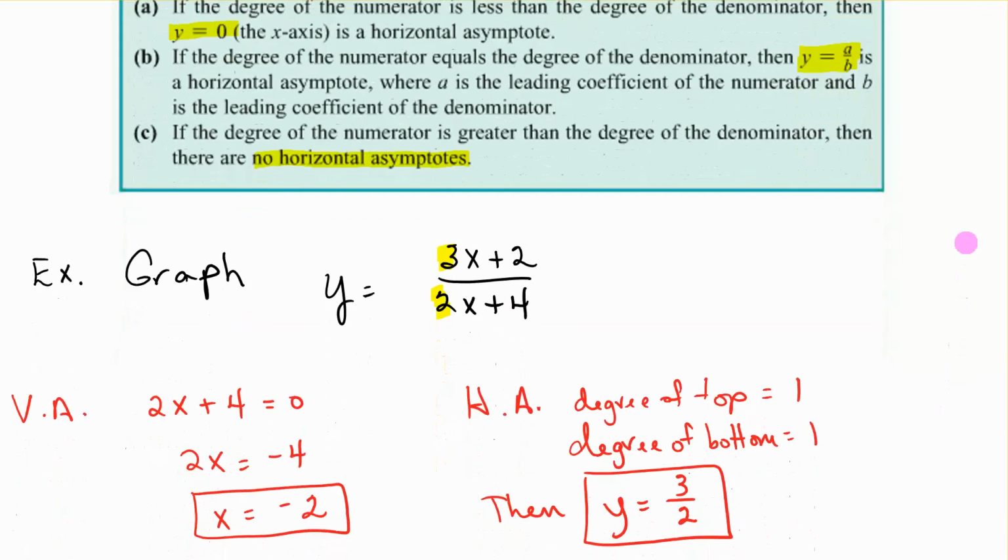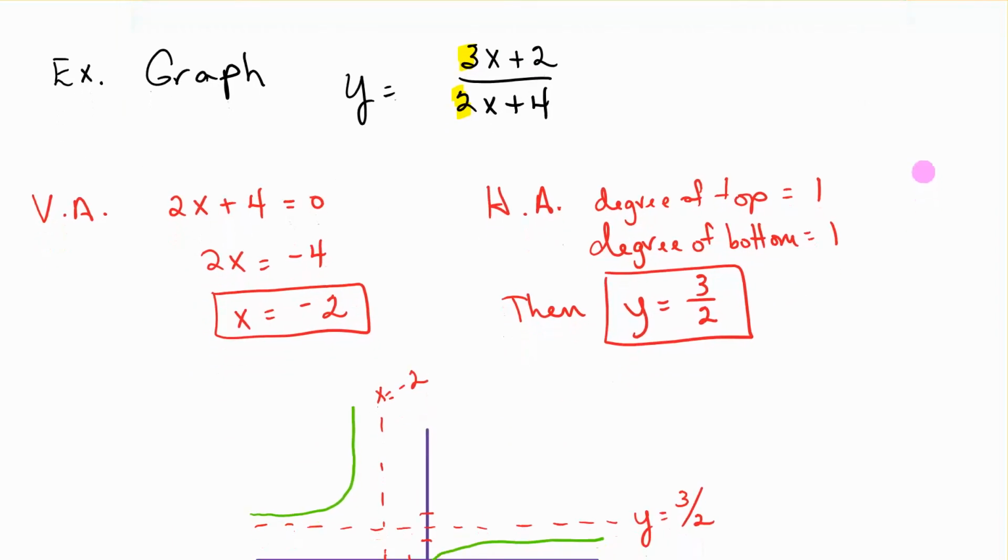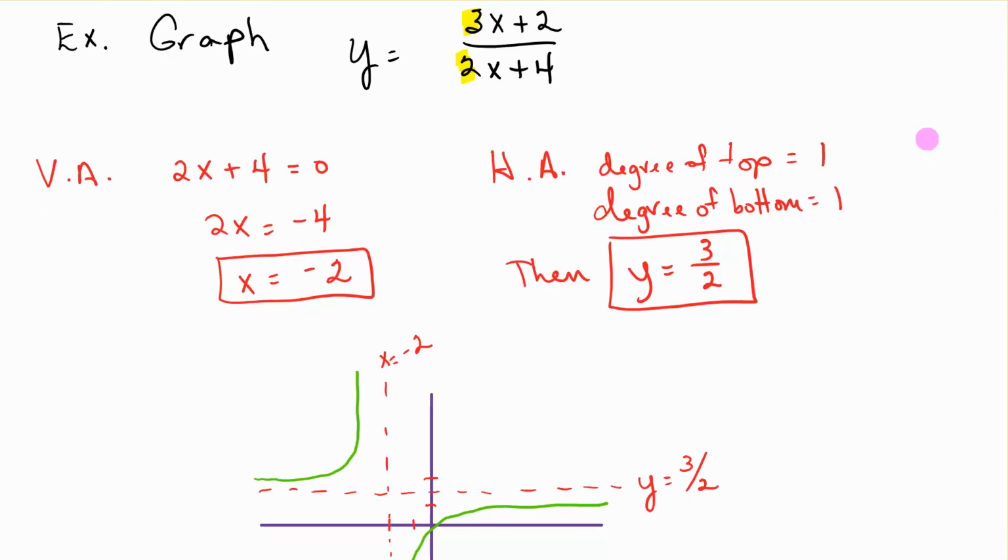So let's look at an example of finding these. If you were asked to graph y equals (3x plus 2) over (2x plus 4), you need to first find both asymptotes. So we take the bottom, set it equal to 0, and solve it and get x equals negative 2.